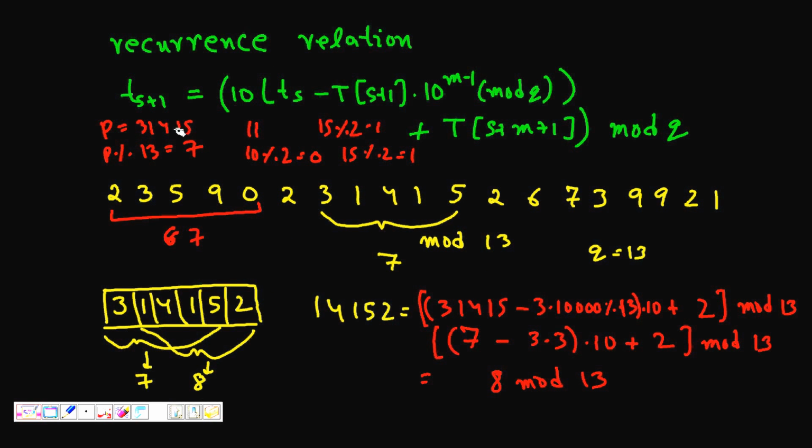And the recurrence relation here for ts plus 1 is a slightly different formula, where modulo q happens, and 10 to the power of m minus 1 modulo q also happens. It becomes the same algorithm, but takes a smaller amount of computation, meaning it can handle larger numbers.